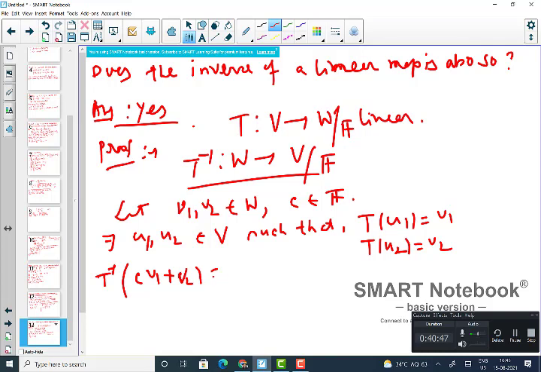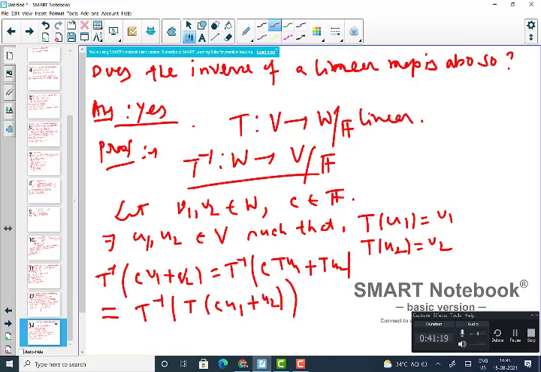But what is this? C V1 is nothing but C times T of U1, and V2 is nothing but T of U2, right? So you can use the linearity property of T, which tells you that this is nothing but T of C U1 plus U2, because T is linear, right?